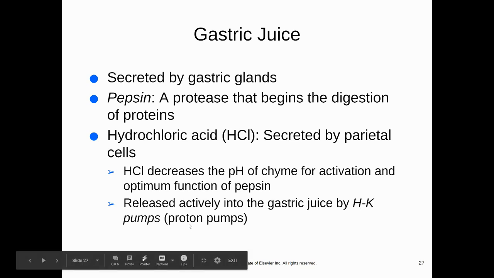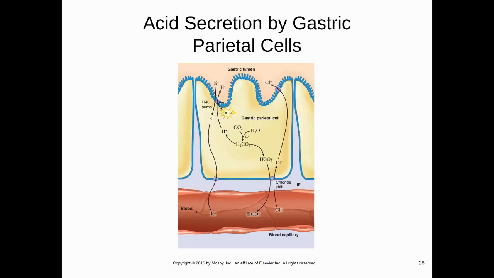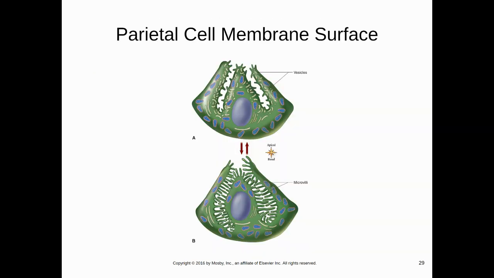It doesn't have any neutrons. That's why they call these proton pumps. That's where we regulate how much hydrochloric acid we're secreting in order to maintain the proper pH. Hydrochloric acid naturally has a pH of about 0.5 to 1, which is much too low for pepsin to work properly. So this is just showing that.